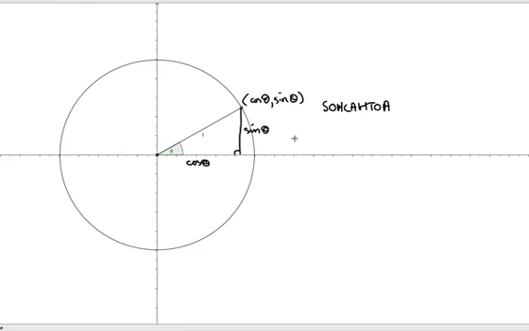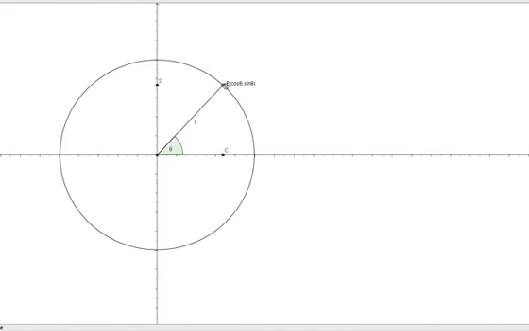So let's see that in a different diagram. Here we are, and as I said, the coordinates of this point P at a unit length from the origin are cos theta, sine theta, no matter where we move this point. This is the definition of cos theta and sine theta. So for instance, at 30 degrees, sine of theta is 1/2.